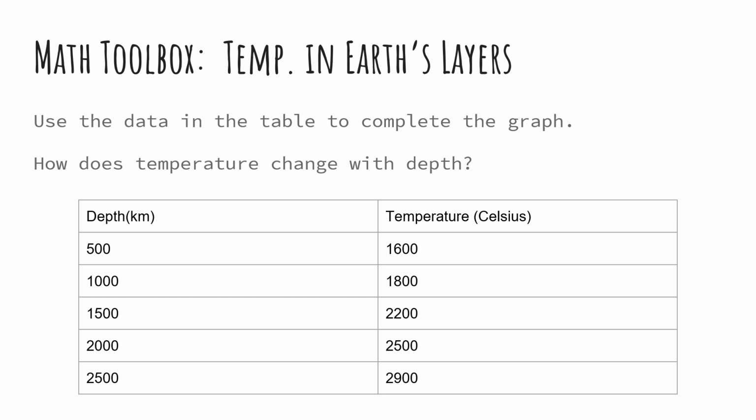You're going to mark there. Then you're going to go to 1000, which is the next one, and you're going to mark 1800, which is going to be halfway between the 1500 mark and the 2000.